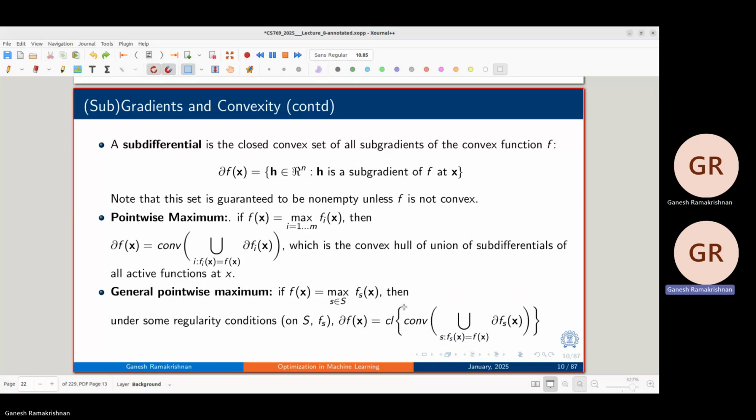Okay, so the only difference is that now, instead of I, I'll have S, such that f_s of x equals f of x. That's when the situation has changed.